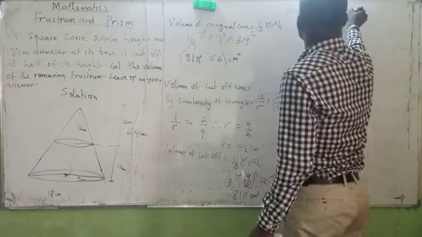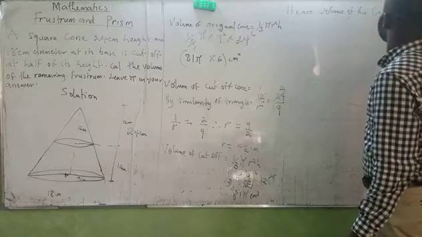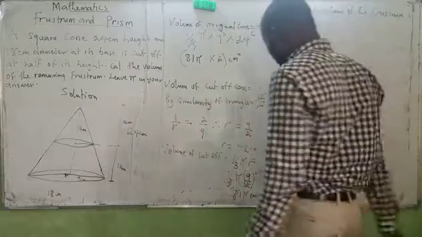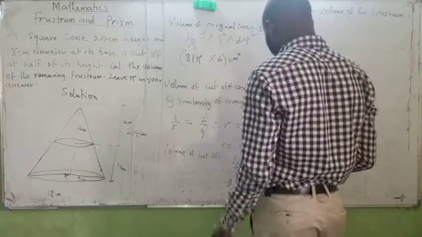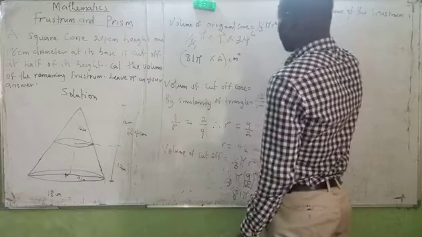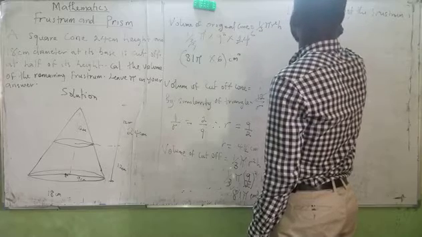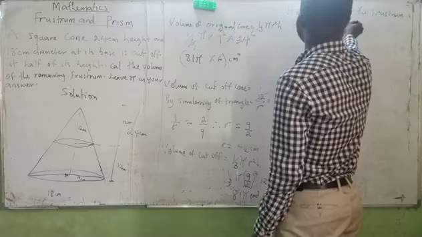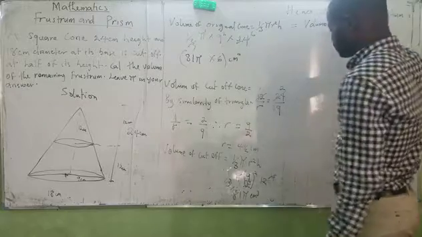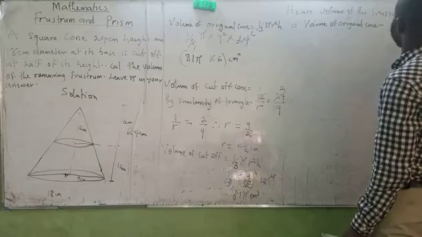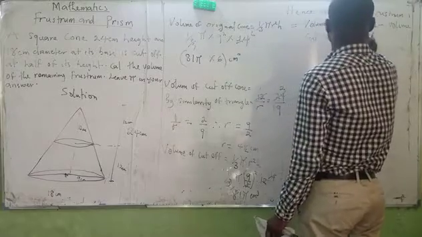The volume of the frustum will be equal to the volume of the original cone minus the volume of the cutoff cone.